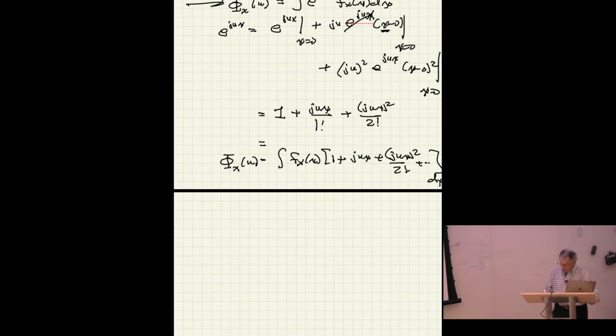And that turns out, when I start doing the integration, 1 times f of x integrated is 1. The integral of f of x is 1. Plus ju x bar, I got x f of x, plus ju quantity squared, second moment over 2, plus dot, dot, dot.